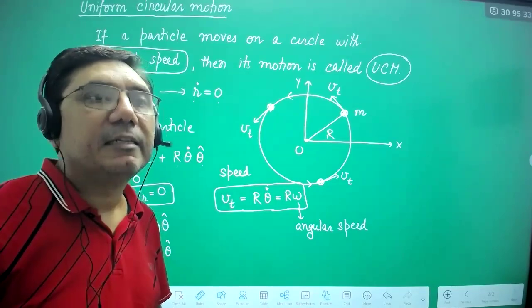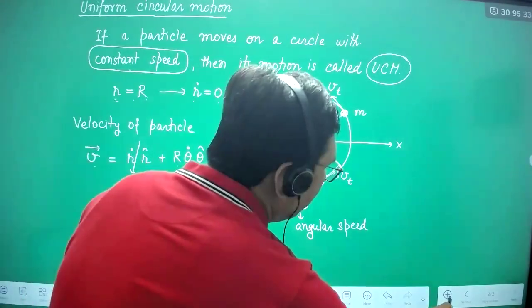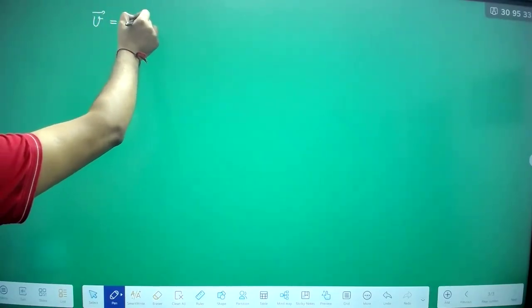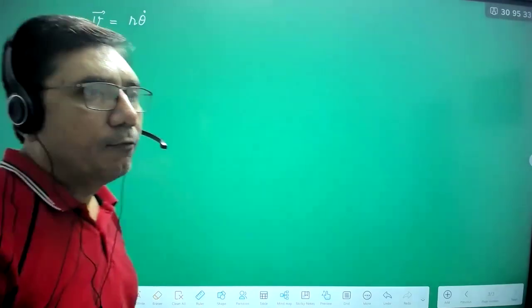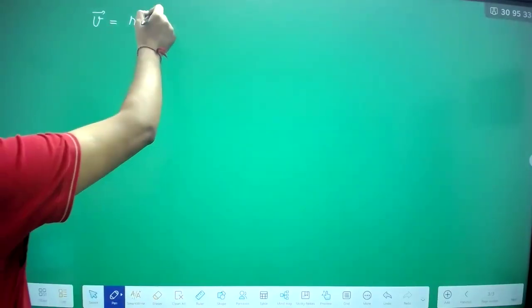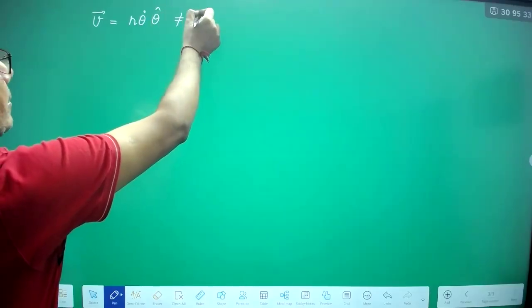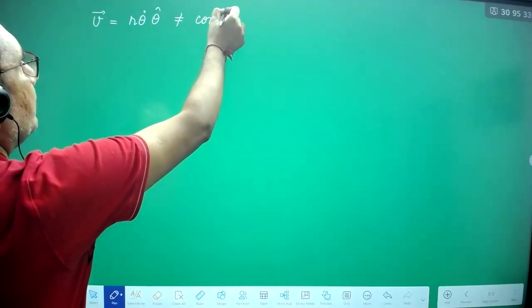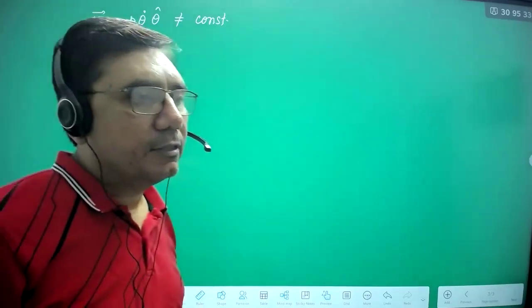However, its direction will continuously change. So, the velocity of the particle is not constant.